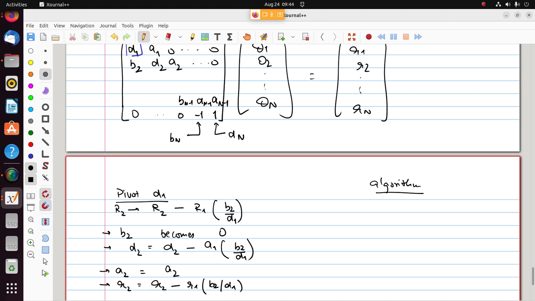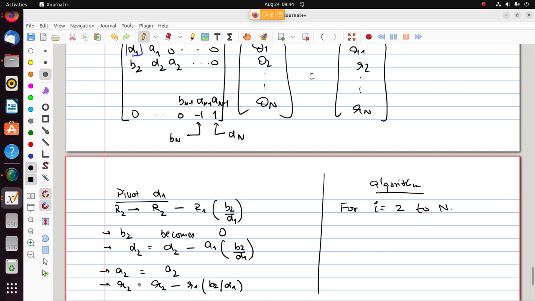Now in this case, this was pivot D1, but you can think of an arbitrary pivot now. And we'll do this a lot in this course. This course is all about computing, so we should have the algorithm that we should be able to then implement in our programming language.